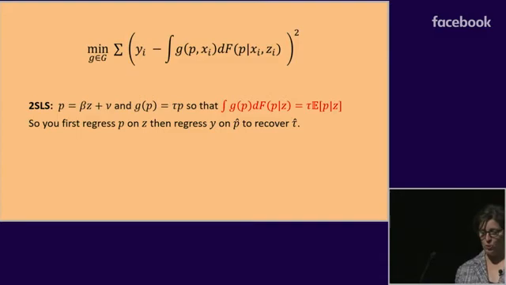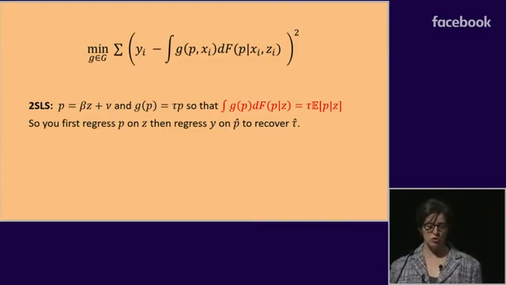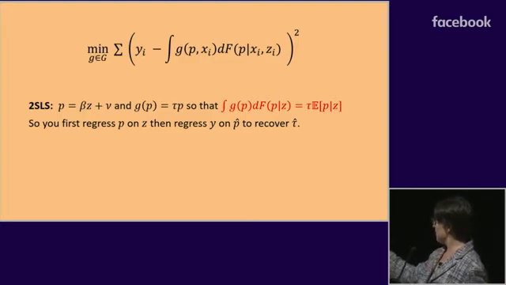The typical way we would have done this in economics is we would just assume everything was linear. Then if everything was linear, we could just run this with regressions, and inverting this would be very easy. Because if everything was linear, my demand function would just be some parameter times the price. I could just pull that out of the integral.